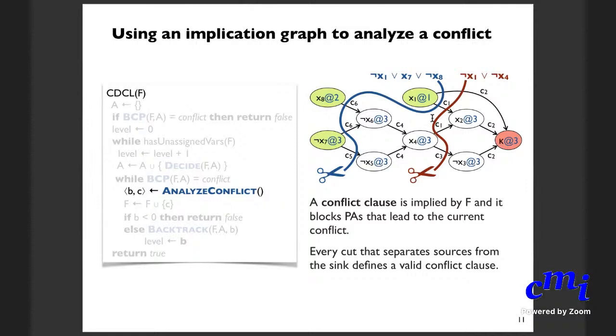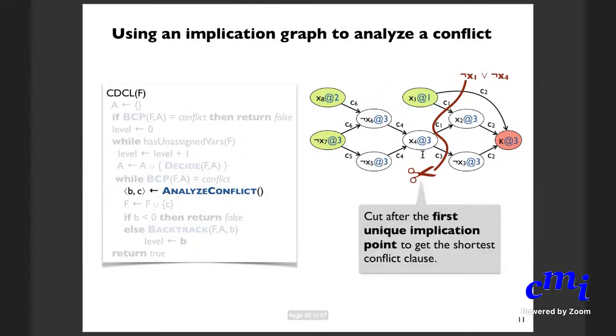Okay. Now, such a conflict clause which has only the unique implication point is called an asserting clause. So the cut of the first unique implication point gives the shortest conflict clause with a single literal at the current level.